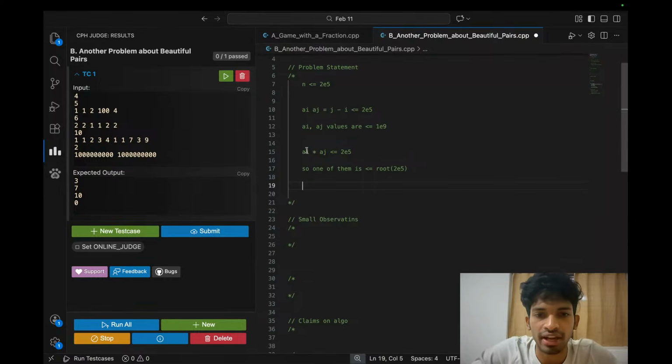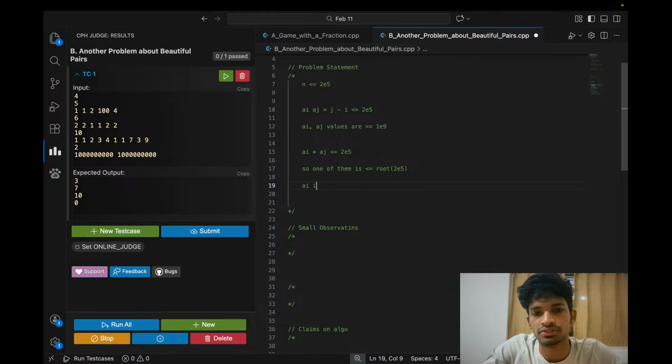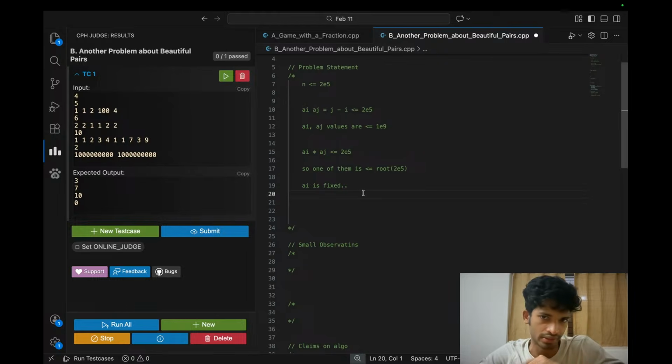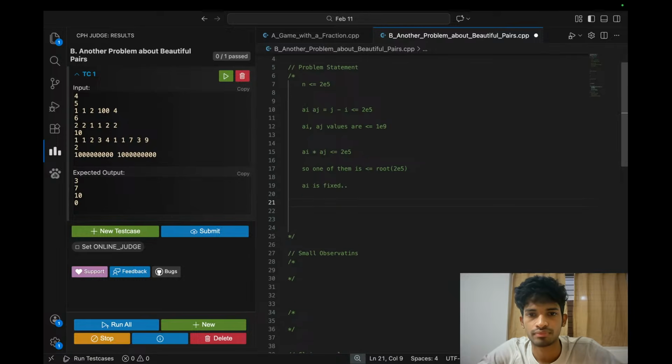And if you fix that value, ai is fixed, let's say. We are assuming ai is less than or equal to root of 2e5. We are brute forcing it now. So ai equals k, let's say.